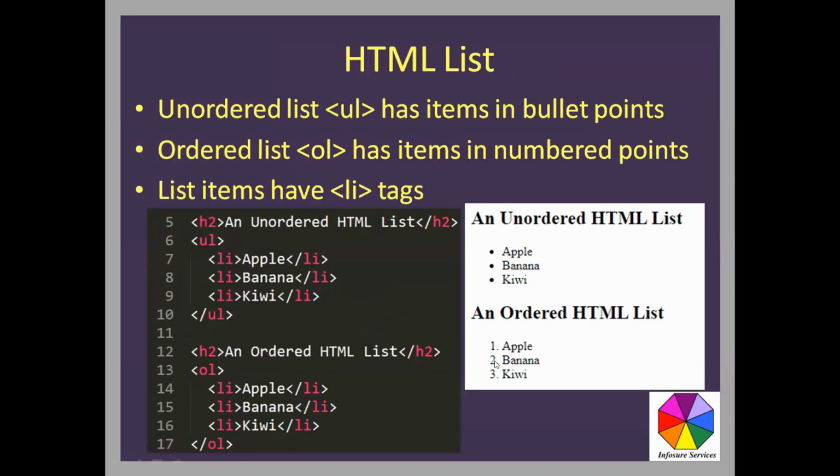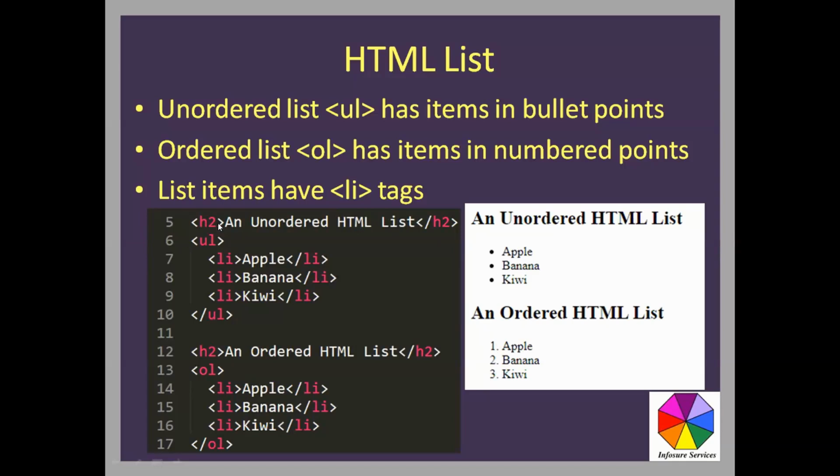When it is a numbered list, it's called an ordered list. I repeat: unordered list means the prefix of that list is a bullet point. Ordered list means it will not have bullet points; it will be formatted with numbers 1, 2, 3 like that.